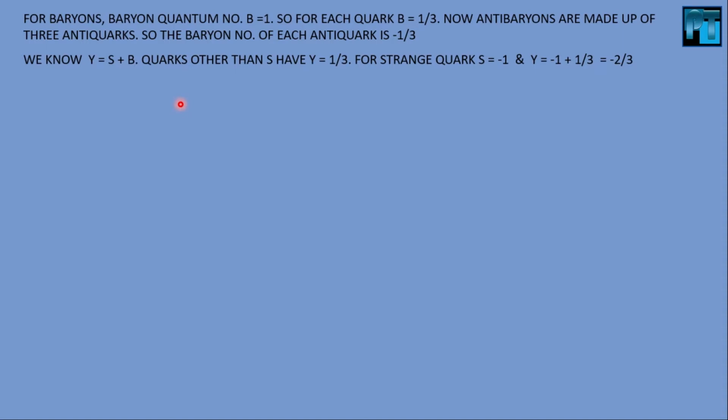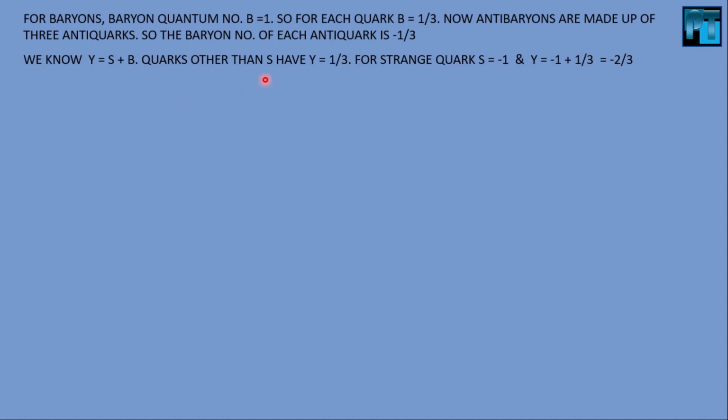Now for the properties, you have to know that for baryons, 3 quarks make one particle, one baryon. So B for each quark is equal to 1/3. If they are antibaryons, then they are antiquarks, so the baryon number of the antiquarks is minus 1/3. Now we have y equal to s plus b.